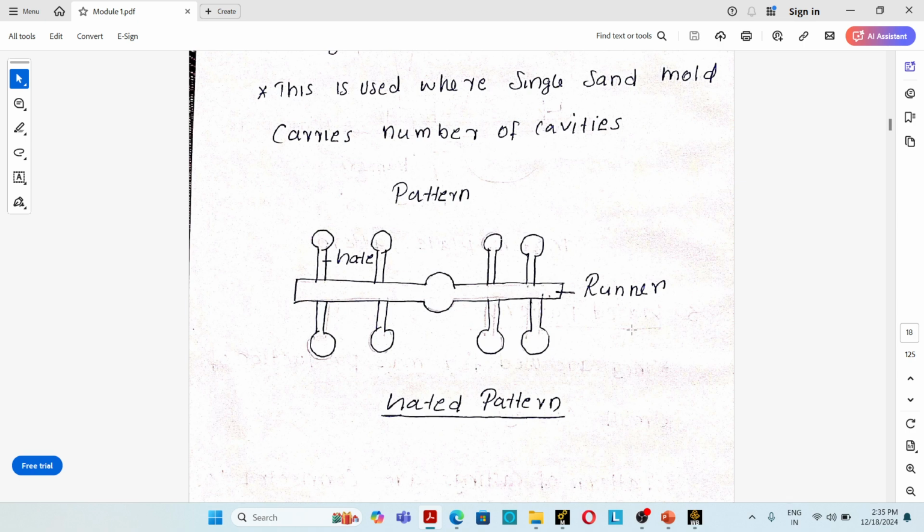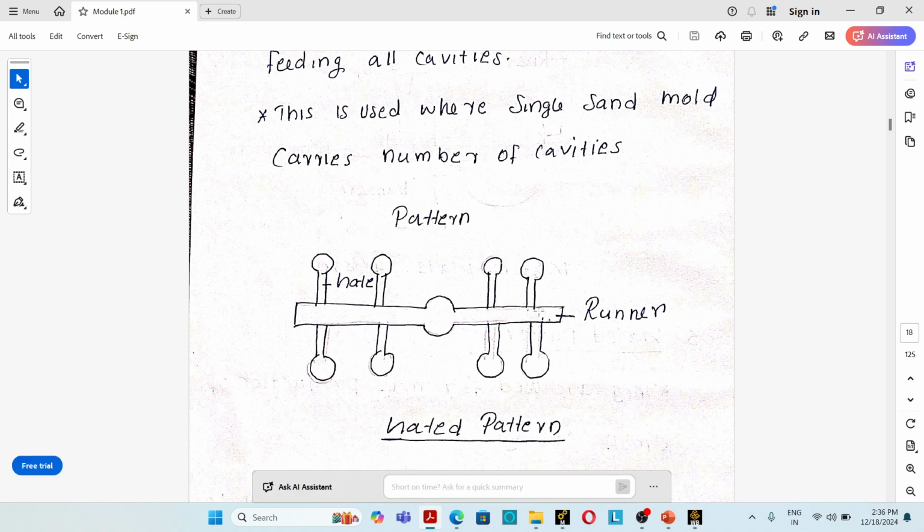These patterns are connected by gate forms and a single channel, that is the runner, that will supply material to every gate form. So molten material flows through this runner and it will supply every mold cavity through these gate forms. So these gated patterns are commonly used for mass production of small size castings.